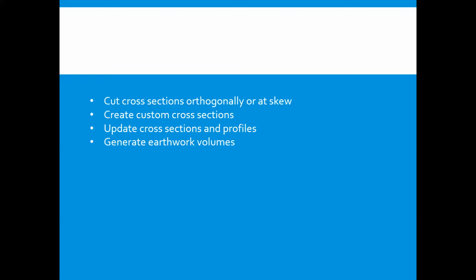It's quite a lengthy process. To become efficient in a design software, you may need to invest a couple of years of your time. The software will cut cross sections at angles, create custom cross sections, update cross sections and profiles, and generate earthworks volumes.